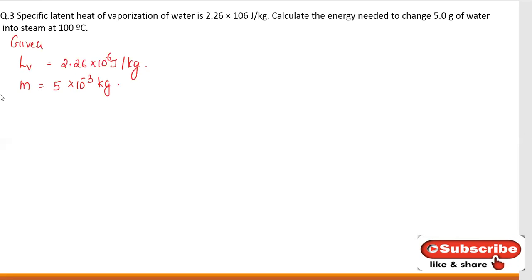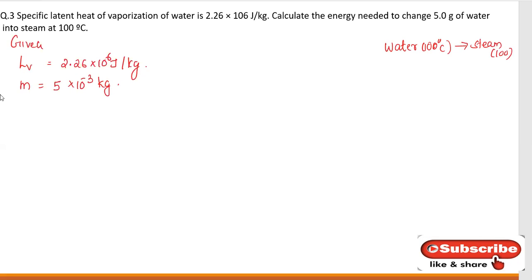Here we want to find out the energy needed to change 5 gram of water into steam. We know that the boiling point of water is 100 degrees Celsius. So at 100 degrees Celsius, water will get converted to steam. Steam temperature is also 100 degrees Celsius.